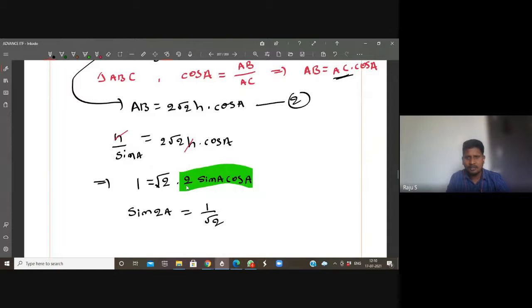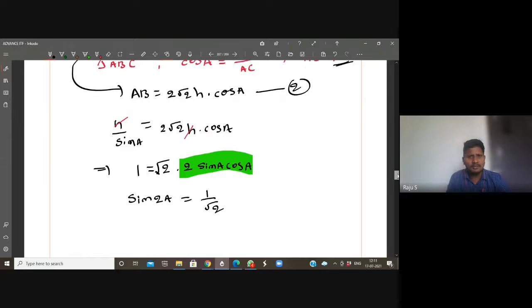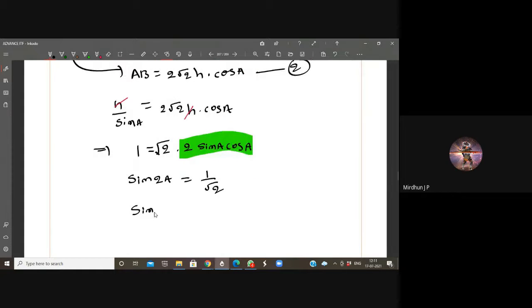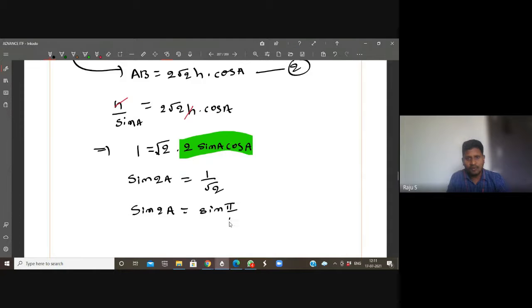So I have 2 sin A cos A in one place, and 2 sin A cos A becomes sin 2A. That is clearly 1 by √2. Yeah, 1 by √2 means sin 45 degrees, that is sin pi by 4. So 2A is equal to pi by 4. Then what is A?